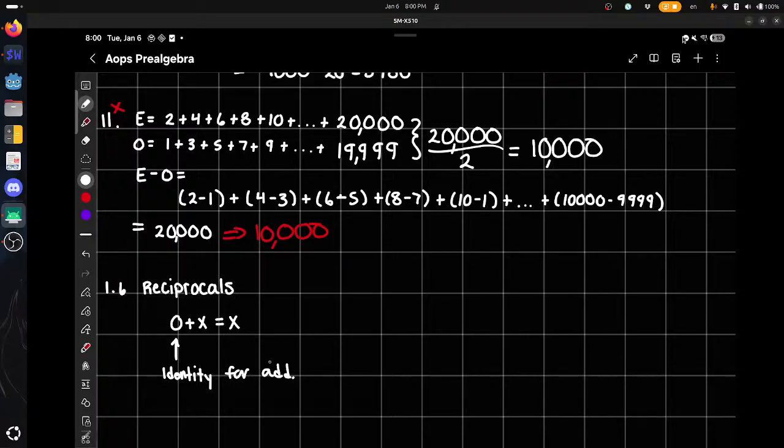In section 1.4, we also learned that for any number x, there's a number called the negation of x. So we learned that the negation of x is just negative x, whose sum with x is this identity. So they're saying that if we take the negation of x, we get 0.